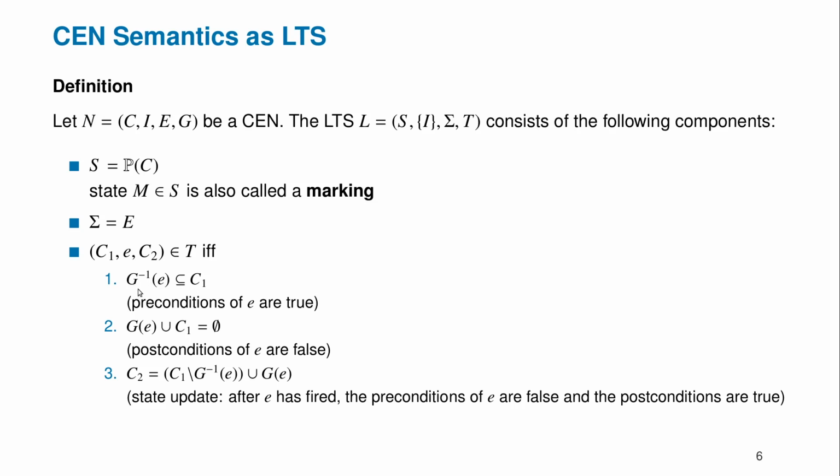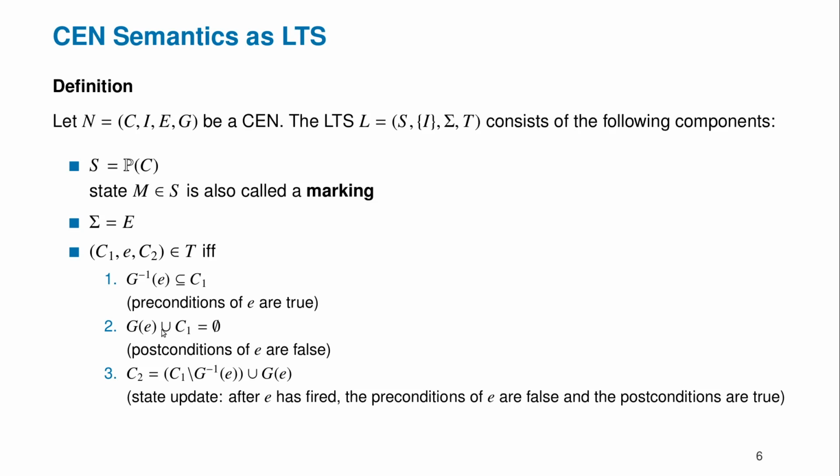So if G minus 1 of E is the set of preconditions, then this has to be a subset of the conditions that are true in the current state. Only if this is the case, an event can fire. This is the first condition. Then in the second condition, we have to ensure, and this is a typo, this should be a cap, so this should be the intersection.